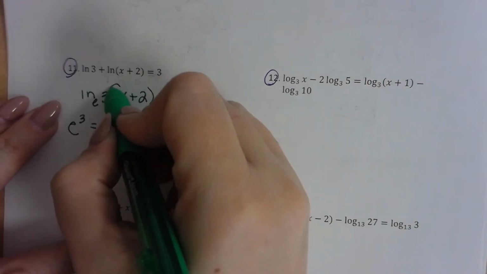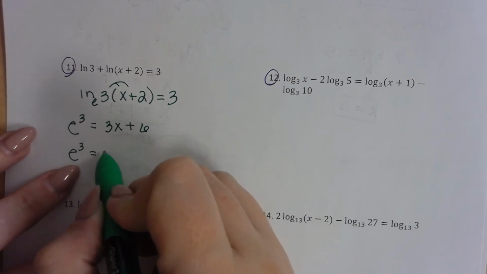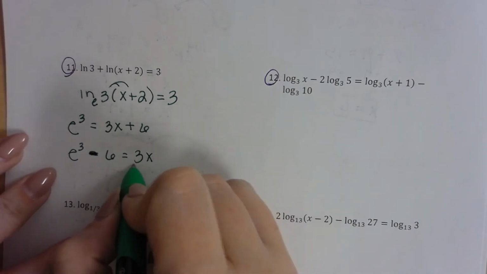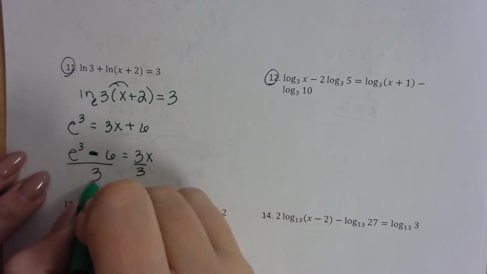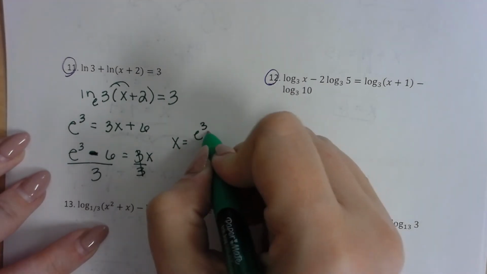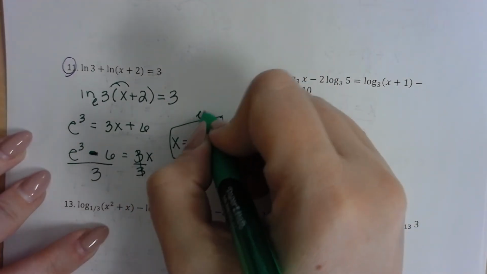All right, I distributed. Subtract the 6 over, e to the 3rd minus 6 equals 3x. Divide everything by 3. We get x equals e to the 3rd minus 6 all over 3. That's the exact answer.